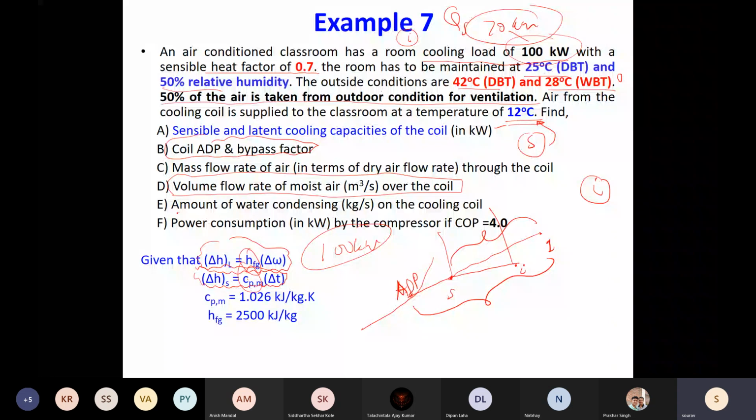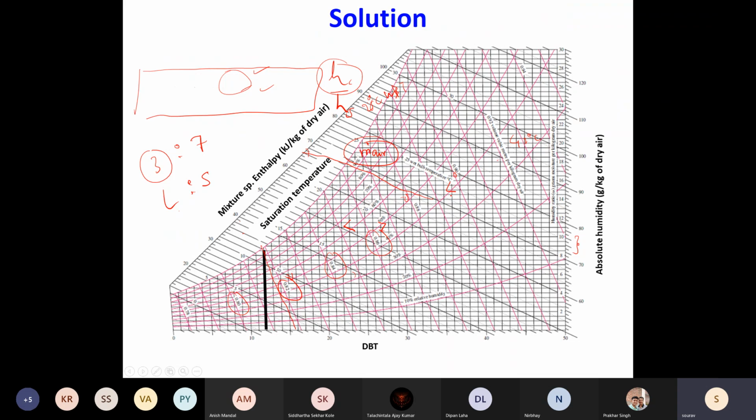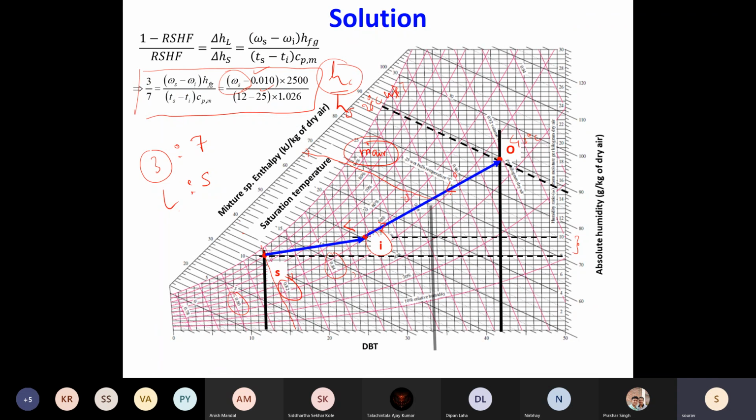The amount of water condensing on the cooling coil, again, once you have all the state points, all these parts can be answered. So how much water will be condensing on the cooling coil is this much. Not the room condition, because the cooling coil is seeing a mixture of indoor and outdoor air.